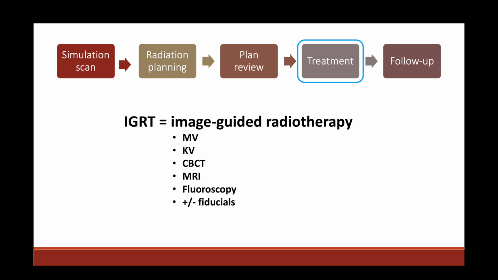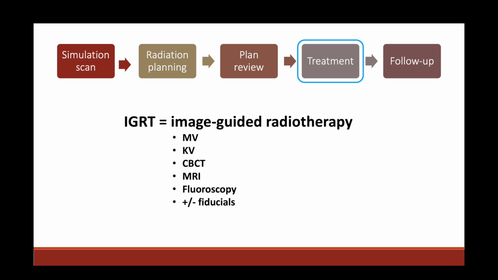It is still useful in the modern day in certain clinical scenarios, but now we have more sophisticated ways of imaging the patient at the time of treatment to confirm that our radiation is going exactly where we want it to. So when we get some type of imaging at the time of treatment to confirm that the treatment is going exactly where we want it to, other than MV portal imaging, we call that IGRT, or image-guided radiotherapy.